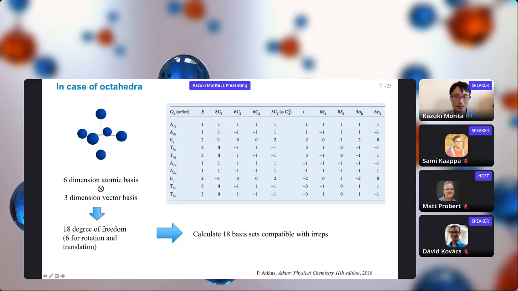This space is actually a 6-dimensional atomic basis and product space of a 3-dimensional basis set, making it 18 degrees of freedom. Within this, it has 3 rotations and 3 translations. So our goal is to calculate 18 basis sets compatible with irreducible representation.